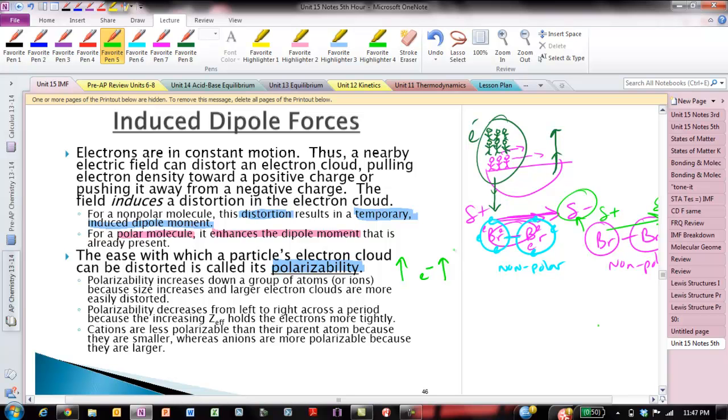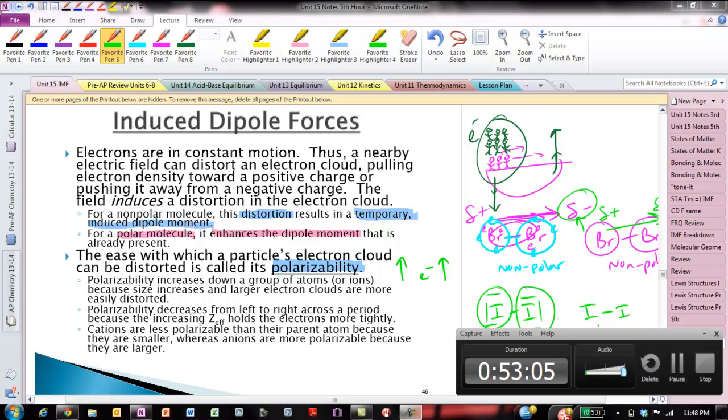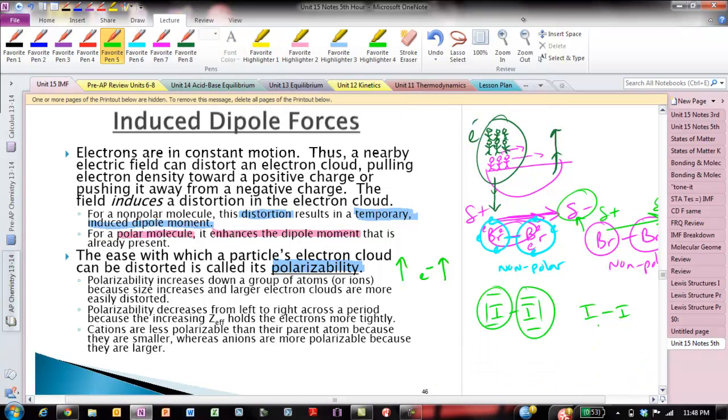And so, just to show you a comparison, if we took Br2 and I2 next to each other, there are electrons around I2, just like Br2, but let's look it up, each Br has 35 electrons, each I has 53 electrons.